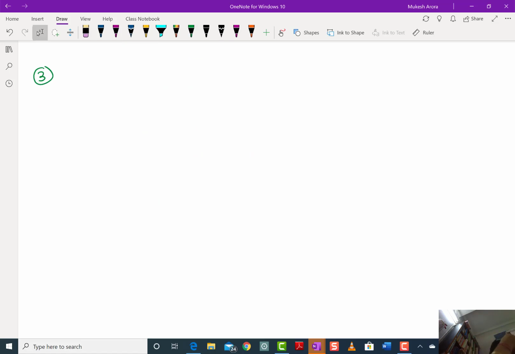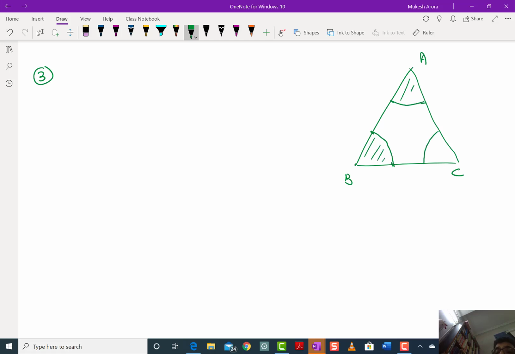Question number 3 is: 3 cows are tied up with the 3 corners of a rectangle. The rope is 10 centimeter. So that means this much and this much area it can graze.